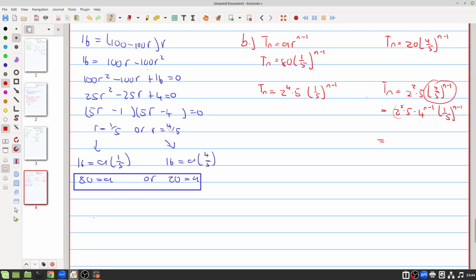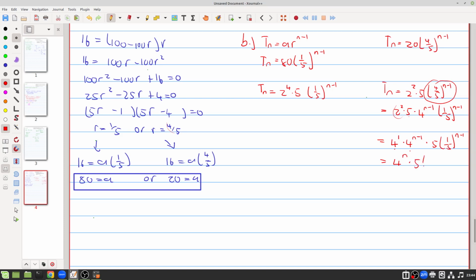And then I'm going to put this 4 to the power n minus 1, and then the 5 times the 5 that we have here, and then the 1 over 5 to the power n minus 1, just to rearrange it a little bit. And now we can combine these 4s. So this is 4 to the power 1, right? If we multiply and the base numbers are the same, we add the exponents. So 1 plus n minus 1 is just n.